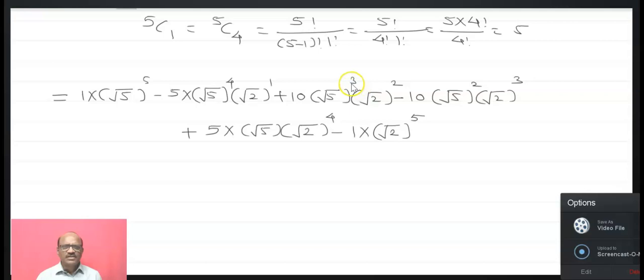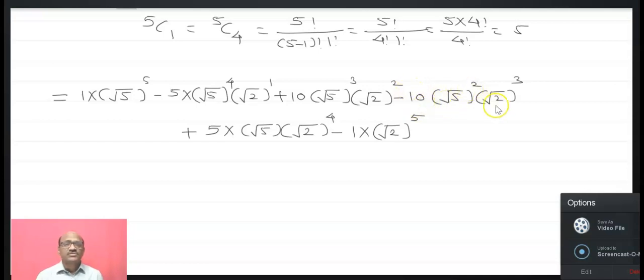Always the sum of these indices is 5: 2 plus 3 is 5, 4 plus 1 is 5. Always the sum of their index is 5. And this is the value again, minus 10. What is the value? 0, 1, 2, 3. This is the value of 5c3, and the value of 5c3 is 10.